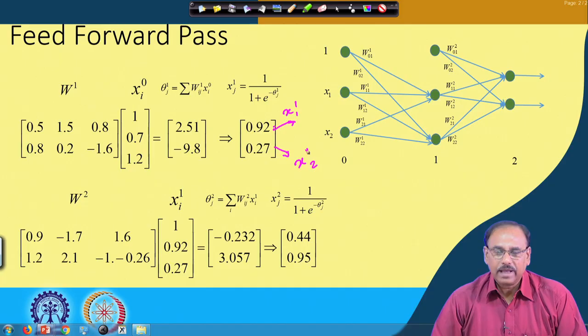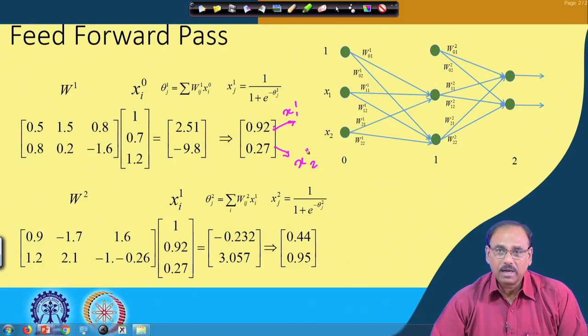I cannot compute the error in the hidden layer, because though I know from the forward pass what my outputs are, I do not know what the targets are. So, I cannot compute the error in the hidden layer.